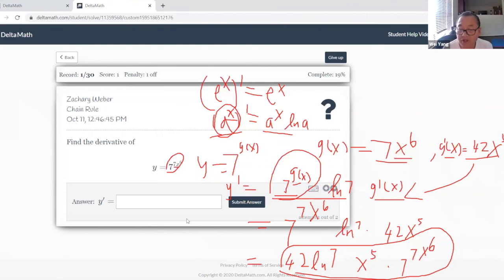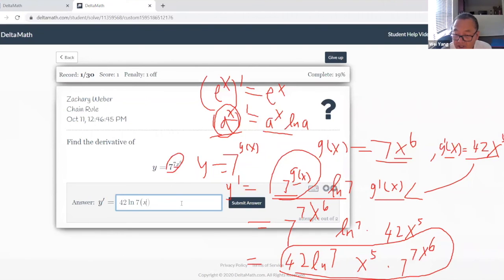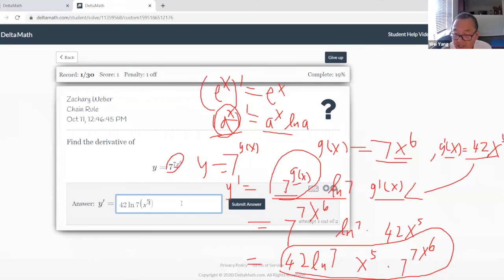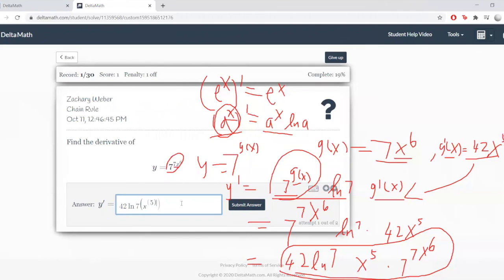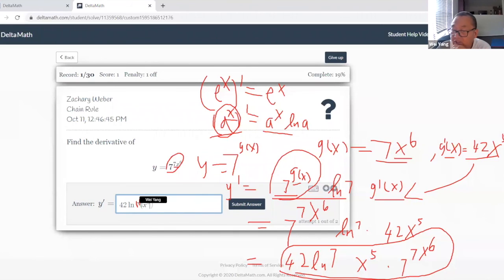You can input here, 42 times ln 7. You can add parentheses around the 7. Add here around this 7.